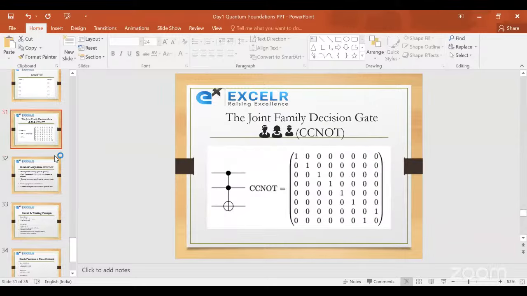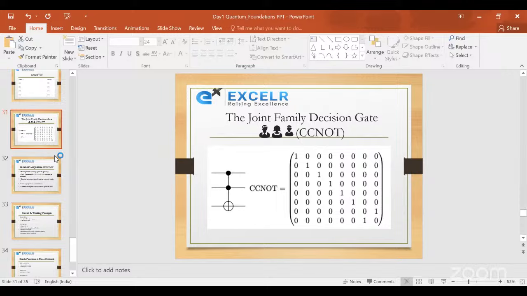We have covered double C NOT gates. The purpose of all these gates was to establish the quantum logics, right? Every gate has a certain logic.